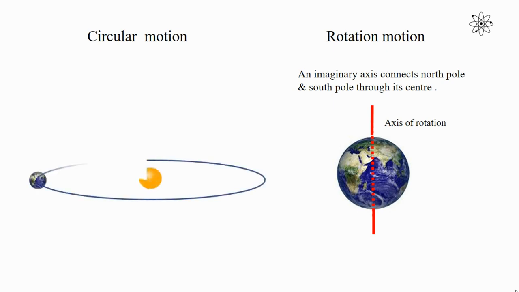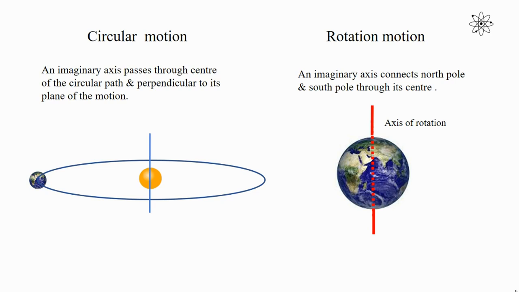In the case of the circular motion of the earth, an imaginary axis passes through the center of the circular path and perpendicular to its plane of motion. This imaginary axis in circular motion is also known as the axis of rotation. But here you can see the difference, students. This axis of rotation is not part of the earth.